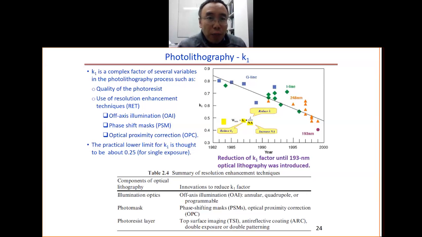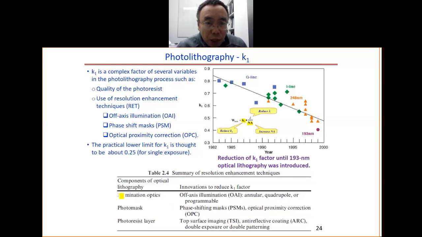For example, it depends on the property of the photoresist, the contrast of the photoresist, and the use of resolution enhancement techniques, which include off-axis illumination, phase shift mask, and optical proximity correction. Those things can all improve the resolution. Then we say that those things help to reduce the K1 value.